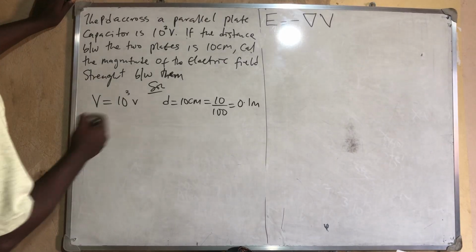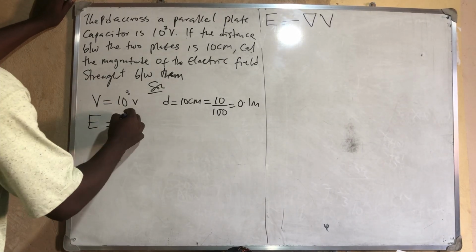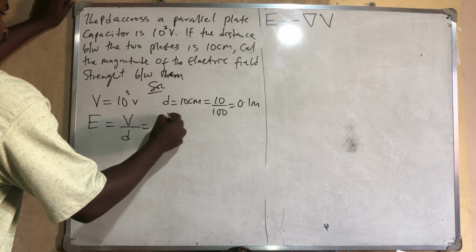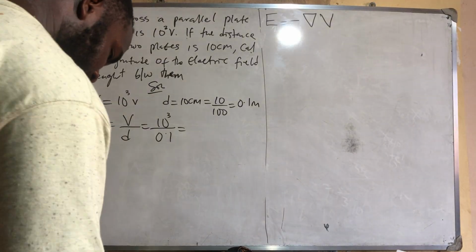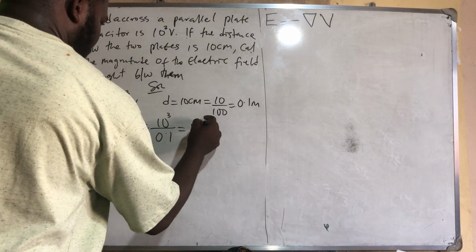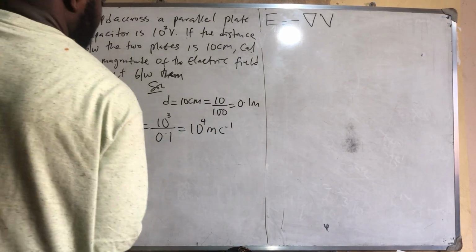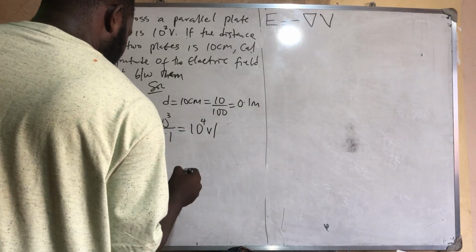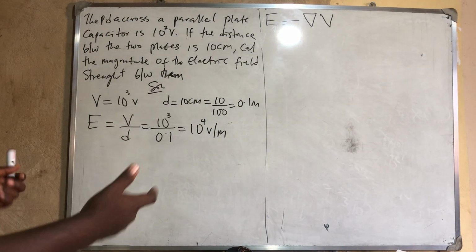So electric field strength or intensity is simply volt over the distance, which is 10 raised to power 3 divided by 0.1. That will give you 10 raised to power 4 volts per meter. So that is that.